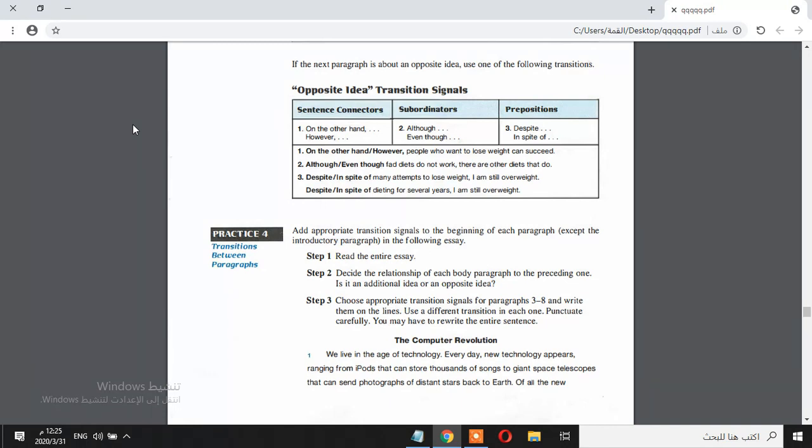But with subordinators, we have a complex sentence, a main clause and a subordinate clause. The subordinate clause is the one that is preceded by the subordinating conjunction. The subordinating conjunctions showing contrast or opposition are although and even though.